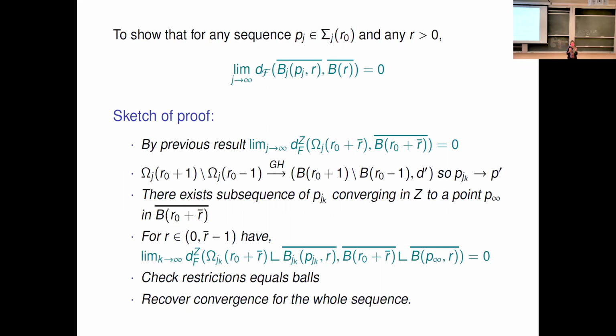Then, if you had a sequence that converged in this smaller sequence of smaller sets, even if it converges in another space, it will converge. So this subsequence will converge for this bigger sequence to a point that might not be the same point.